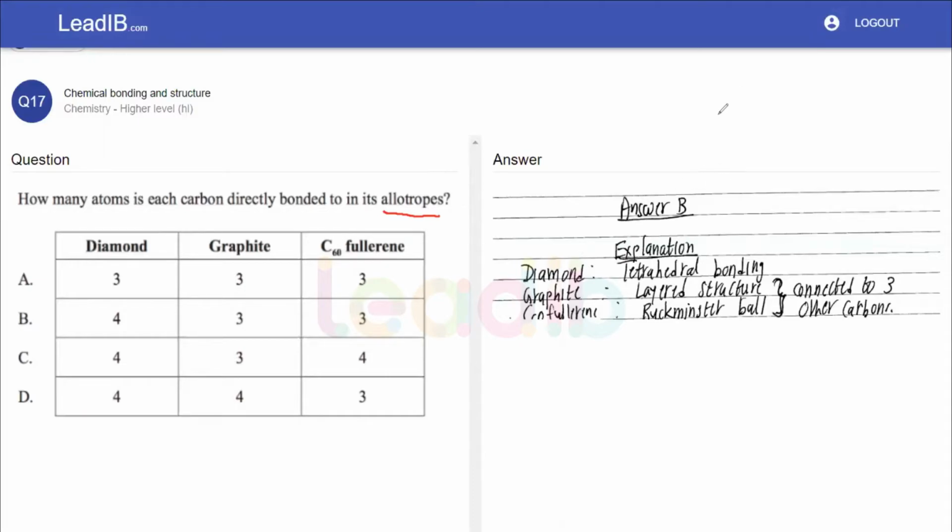As everyone knows, diamond is one of the hardest substances on this earth. And why does it get its strength? Because of its unique kind of bonding. It is basically tetrahedral bonding with other carbons.